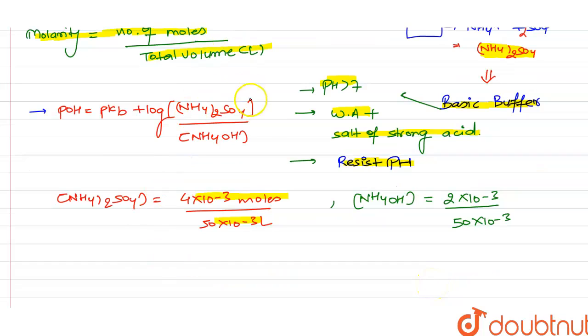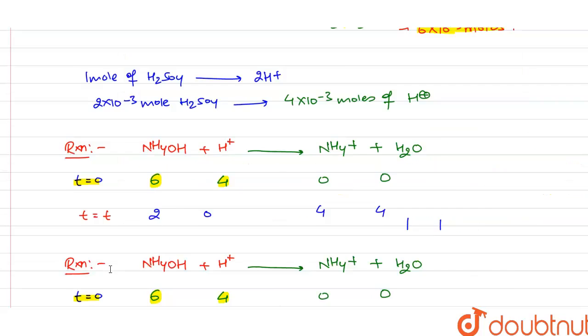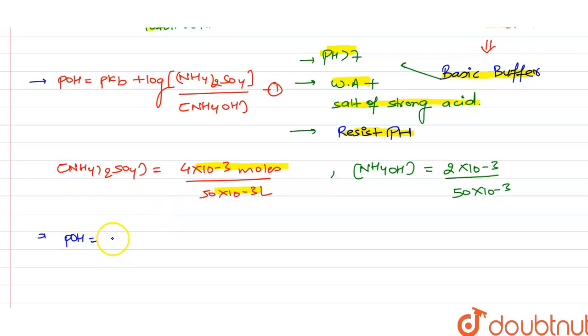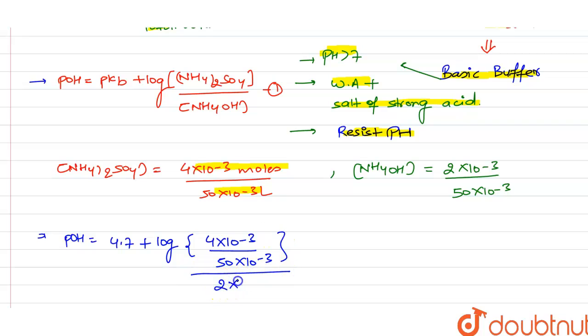Now putting all these values in the equation, we get pOH equal to pKb. Here pKb is given as 4.7 for NH4OH. It will be 4.7 plus log of the concentration of salt, 4 multiplied by 10 to the power minus 3 divided by 50 multiplied by 10 to the power minus 3, over the concentration of base, 2 multiplied by 10 to the power minus 3 divided by 50 multiplied by 10 to the power minus 3.